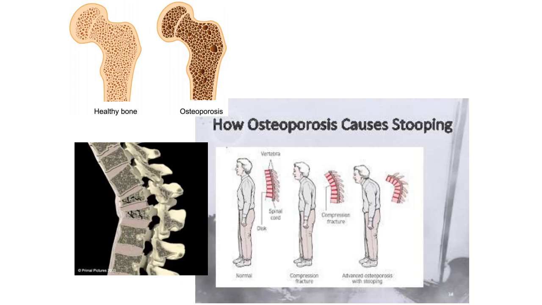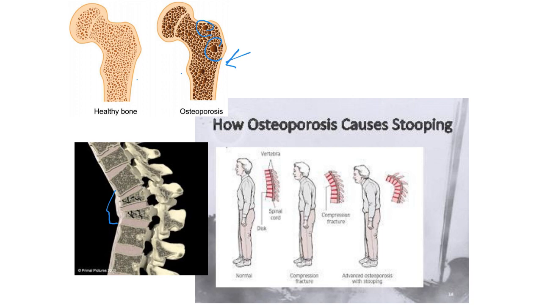So we mentioned earlier how osteoporosis can cause the stooping. You can see here this comparison of a healthy bone versus an osteoporotic bone. You can see how the open spaces in the bone here are much larger, much bigger. The bone is a lot more brittle. And so we can start to develop these fractures. You can see in this imaging here, we have two compression fractures.